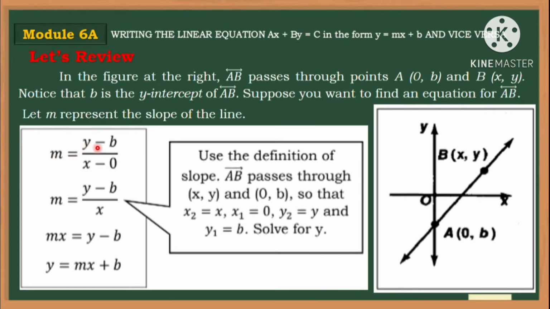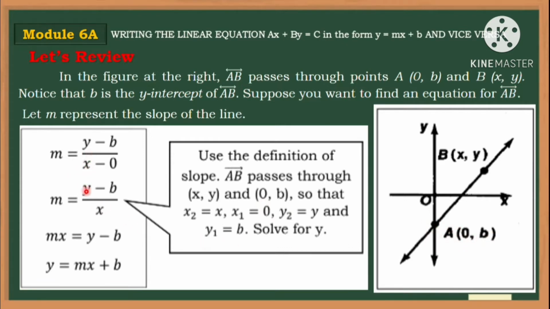So that is y minus b all over x minus 0. This b is for the y-intercept, and 0 is for the x-coordinate, so we get the point A, (0, b).